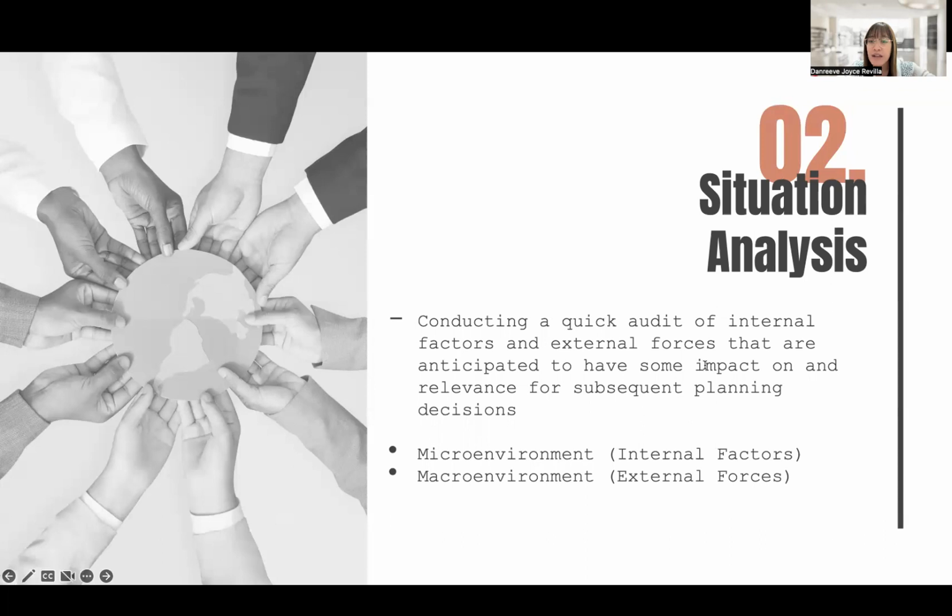So, internal factors are called microenvironment, which are associated with the sponsoring organization for the campaign, while external forces are called macro environment, which the marketer or the planner has little to no control over, but does have influence on the target audience and your efforts.